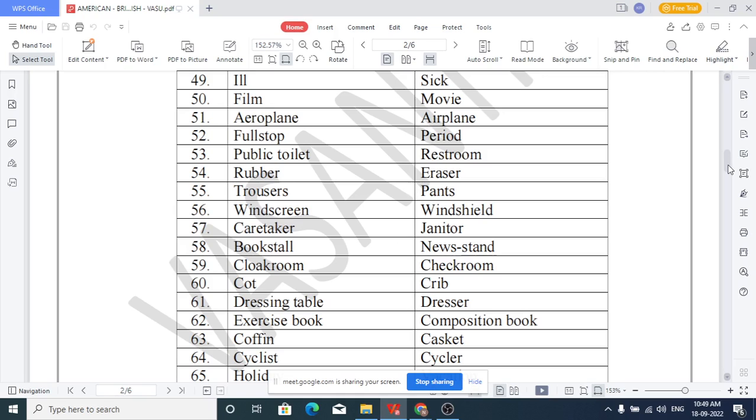So nowadays we are again following the American style. Right, okay. Rubber, eraser. Trousers, pants. Windscreen, windshield. Caretaker, janitor. Bookstall, newsstand.